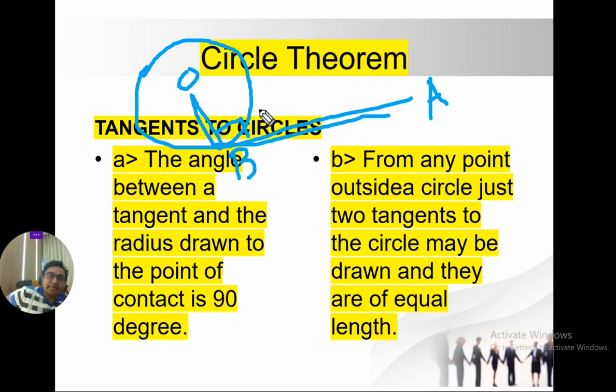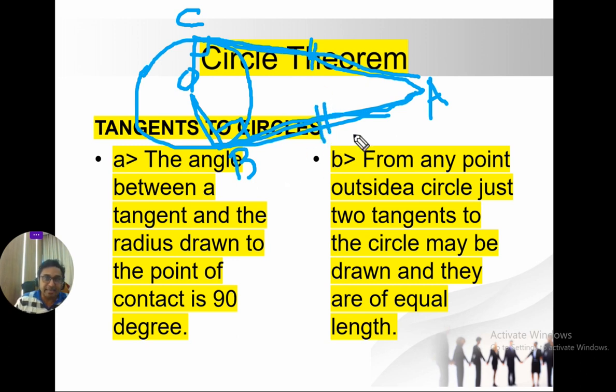सेकेंड फॉर्मूला क्या है कि फ्रॉम आउटसाइड ए पॉइंट ओनली टू टेंजेंट्स कैन बी ड्रॉन, नॉट मोर देन टू, दो ही टेंजेंट ड्रॉ कर सकते हैं, ये भी सेंटर से कितना एंगल होगा, 90 डिग्री। करेक्ट। ओके, अभी एक, इसका एक लेंथ होगा एंड AC का भी एक लेंथ होगा, दोनों के बीच का क्या रिलेशन होगा, अब बताओ, बोथ आर इक्वल, दैट मीन्स AB is equal to AC.